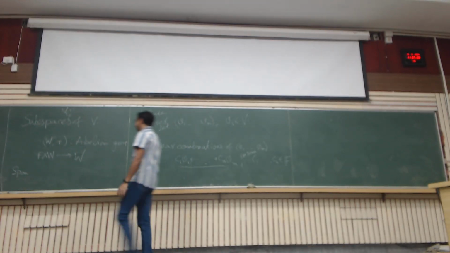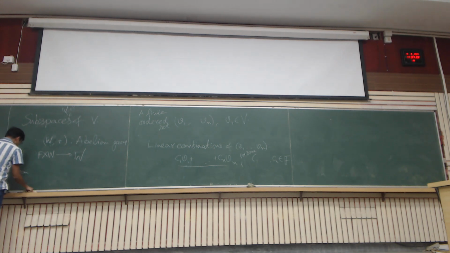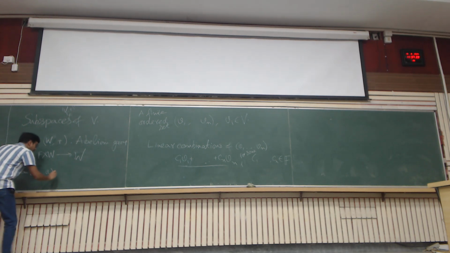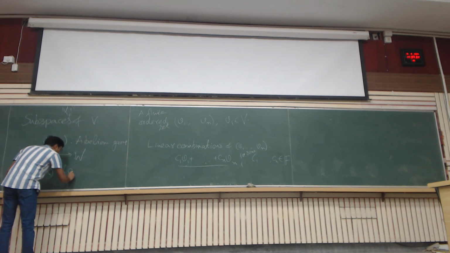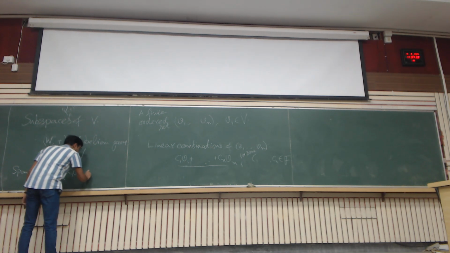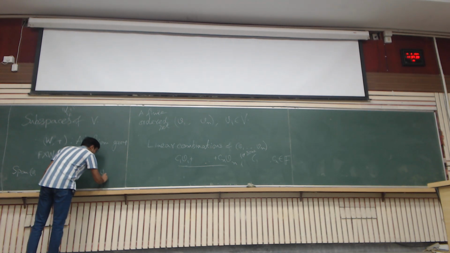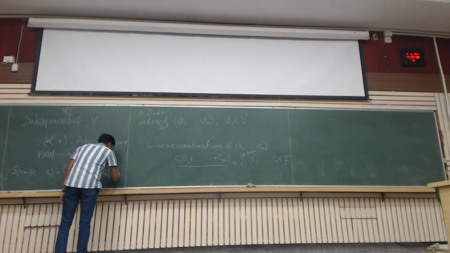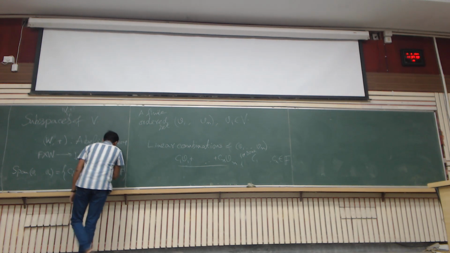So we define the span of this set to be the set of all c1 v1 plus up to cn vn, such that the ci's are in F.